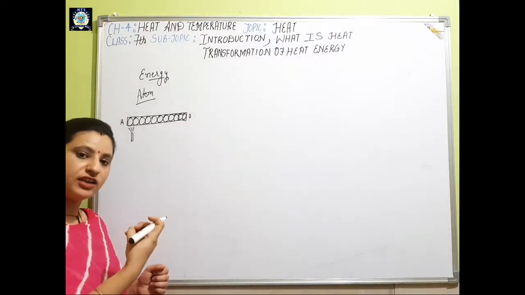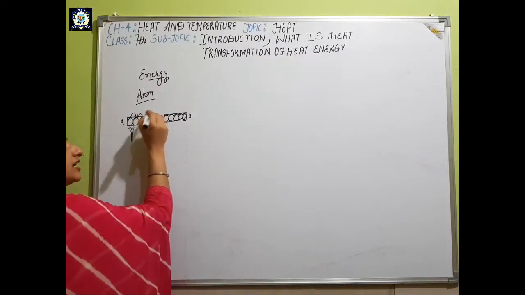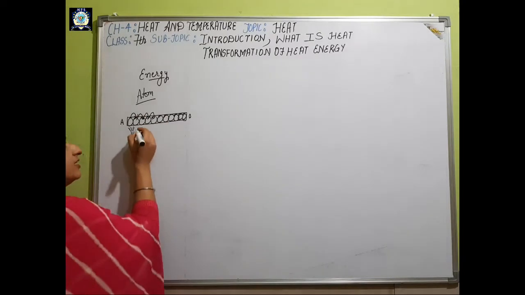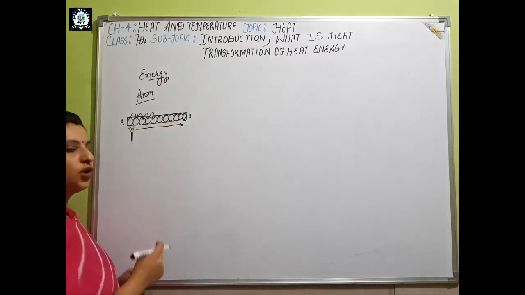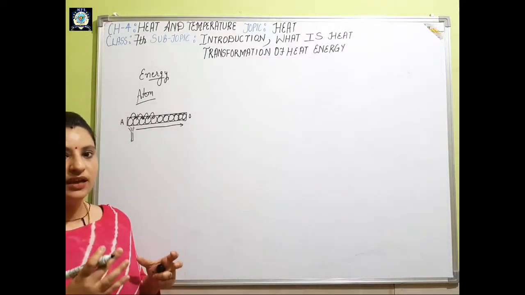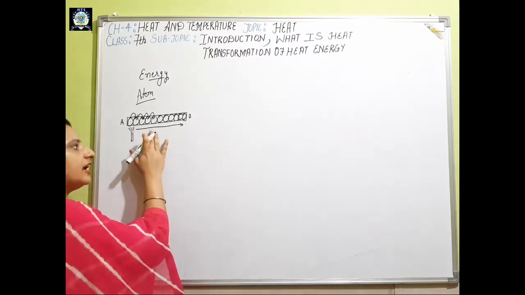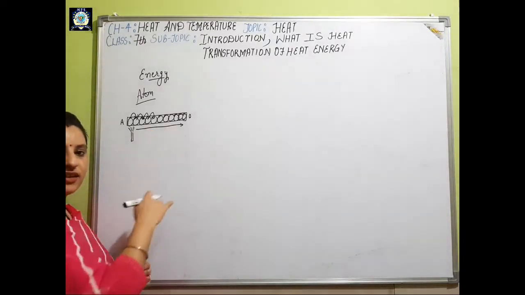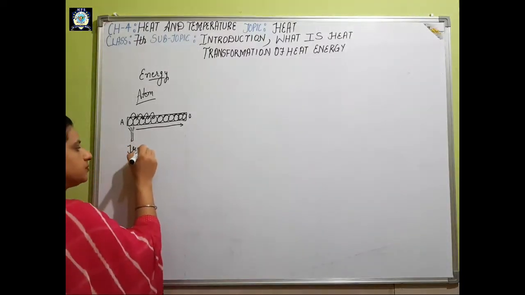When they start gaining energy, they keep on transferring that energy from one atom to another, and after a certain period of time the whole iron rod becomes hot, or gets heated up. So this heating of the iron rod is due to the transferring of the energy.